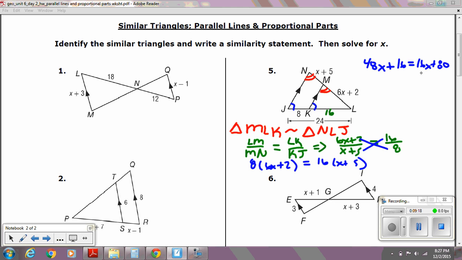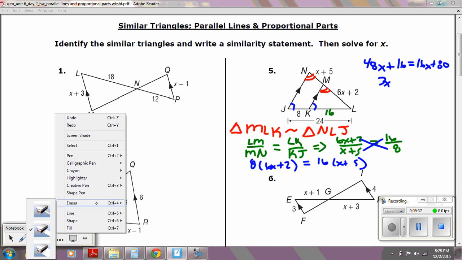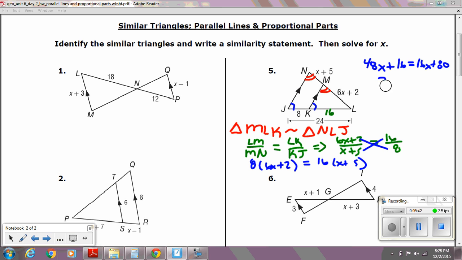So now I would subtract 16x from both sides. And when I subtract 16 from 48, I would end up with 32x plus 16 equals 80.